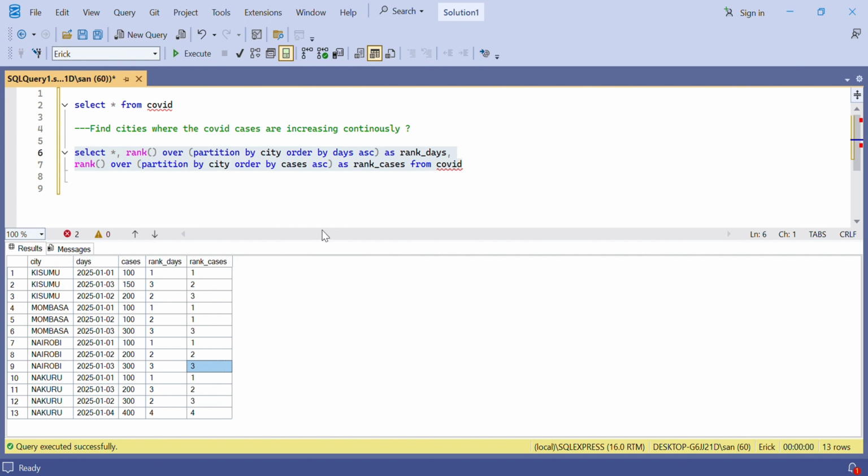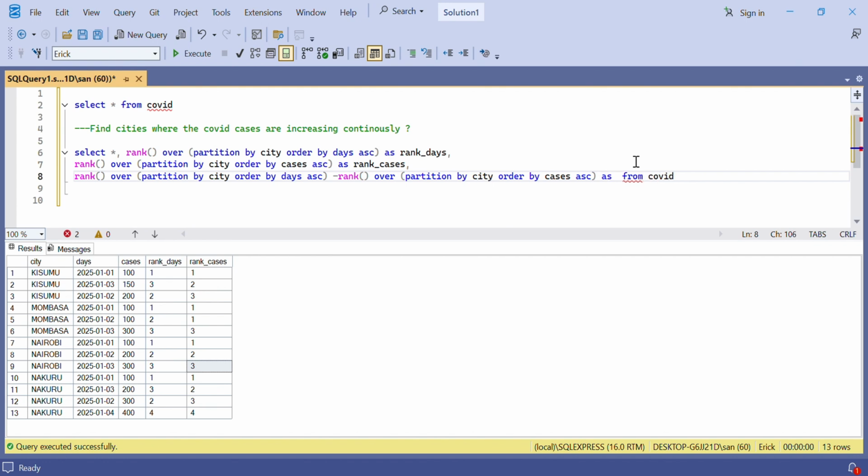So we can add another column where we subtract the rank for cases from the rank for days, and we call it diff, from our table COVID.